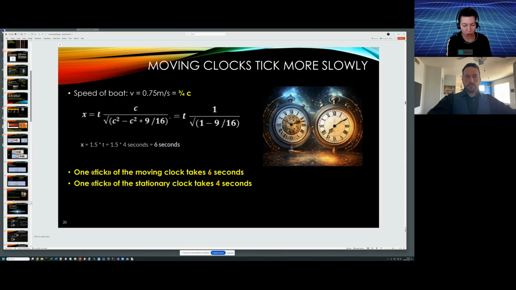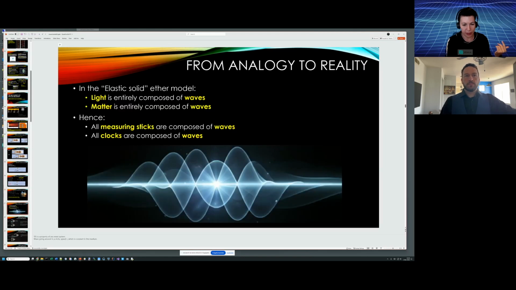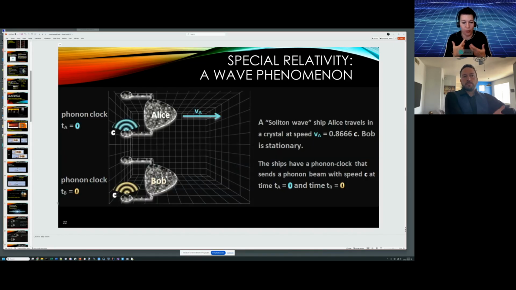And of course, in our case, we are not in water or on a boat. We are all composed of waves. So when we say that light is composed of waves, and matter is composed of waves, then you automatically get special relativity. That's it. It's that simple. We are not in water, but we are in this elastic solid.